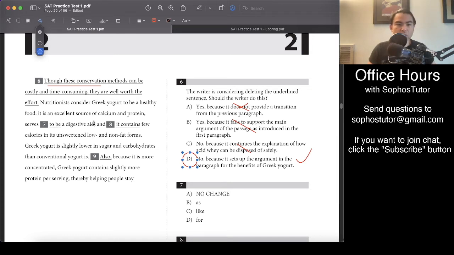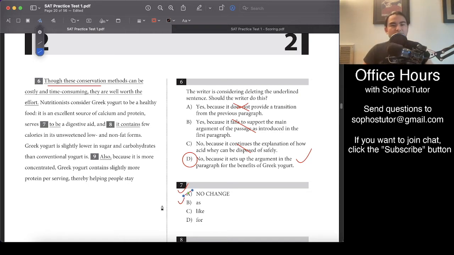"It is an excellent source of calcium and protein, serves to be a digestive aid." Maybe, I'll give that a soft yes. "Serves as a digestive aid?" I like that a lot more. "To be" implies the future, but we're talking about what it does now. And so I'm going to pass the mantle of a soft yes to "as," crossing out A.